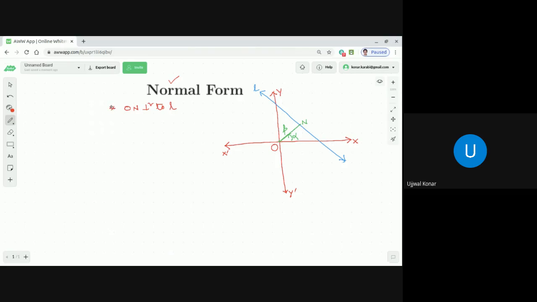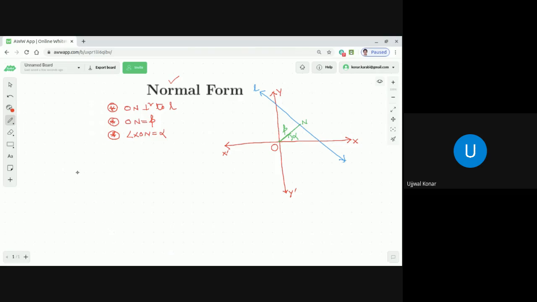That is the first point. And second, the length of ON is equal to p, and angle XON is equal to alpha. That means the normal ON makes an angle alpha with the positive direction of the x-axis.